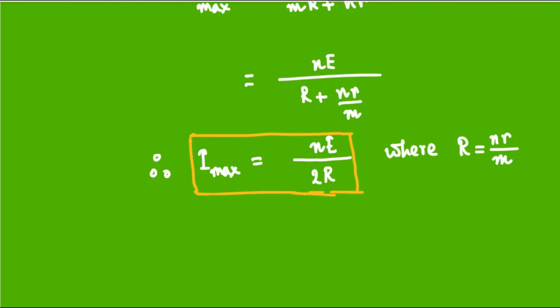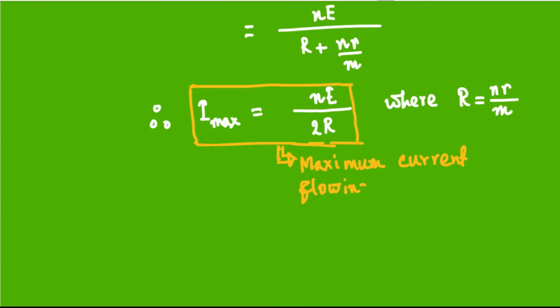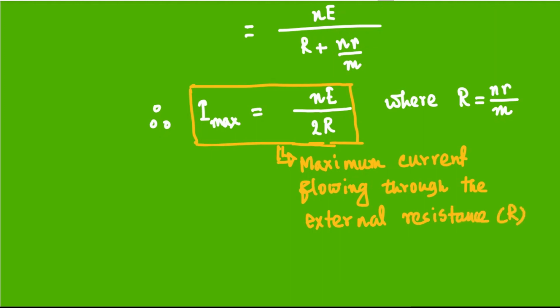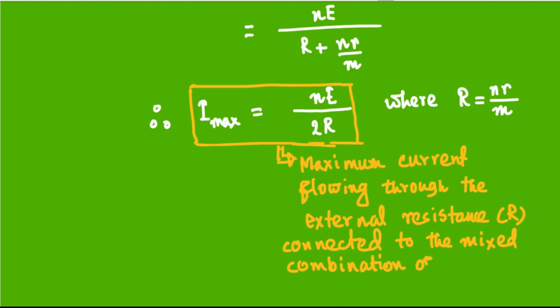This is the maximum value of current flowing through the external resistance, which is connected to the mixed combination of cells.